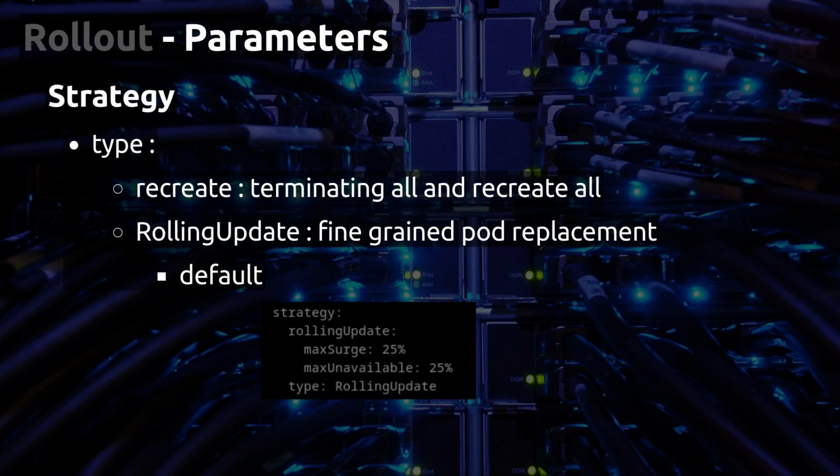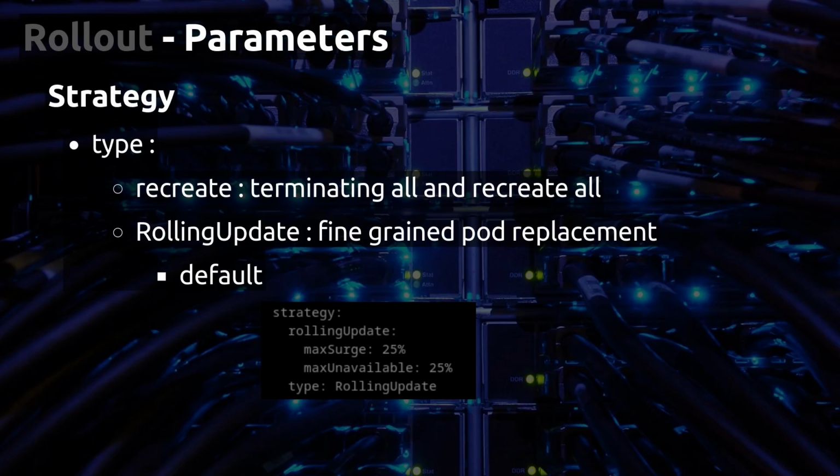So the first thing we need to know about the strategy is the type. You have two kinds of strategy. The first one is the recreate. For example, if you have a deployment with 10 pods in it, 10 replicas, and you want to recreate all replicas at the same time, you can use the type equal to recreate.